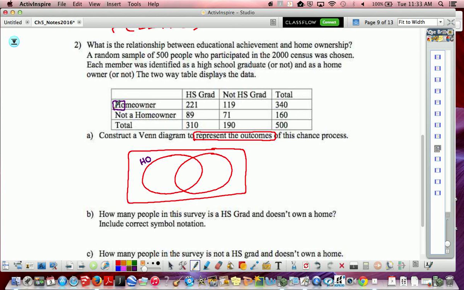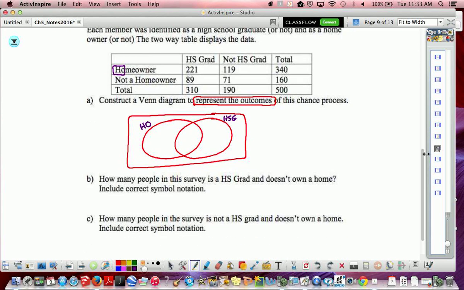Well, remember, if this is homeowner, anything outside the circle is not a homeowner. So one event is whether or not being a homeowner. The other circle should be HSG, H-S-G, so a high school grad. So now, it's going to be these 4 numbers I'm going to be placing in one of the 4 spots.